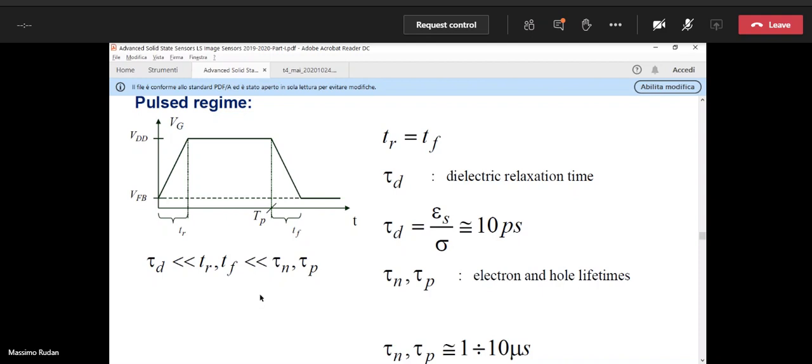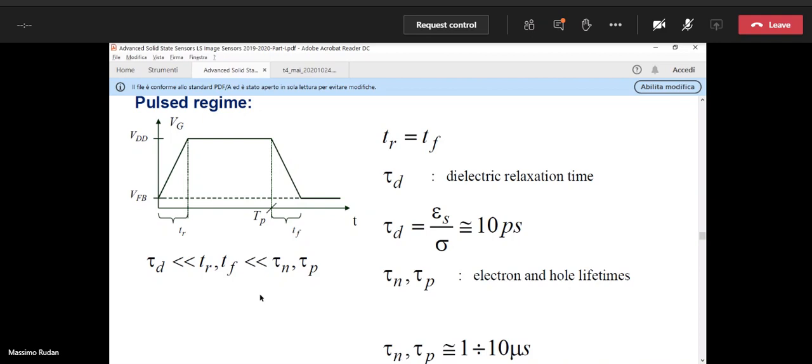but they are in turn much larger than another specific time that is called dielectric relaxation time. We shall see in a minute what the meaning of the dielectric relaxation time is. We call it tau d, and tau d is the ratio between the permittivity of the semiconductor, in this slide it is called epsilon s, and the conductivity of the semiconductor.